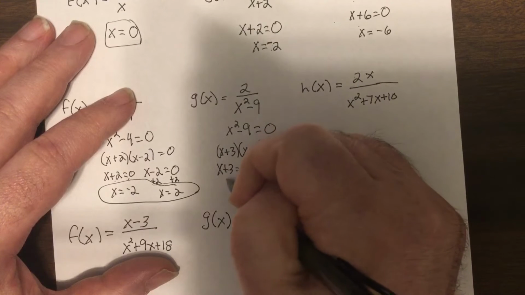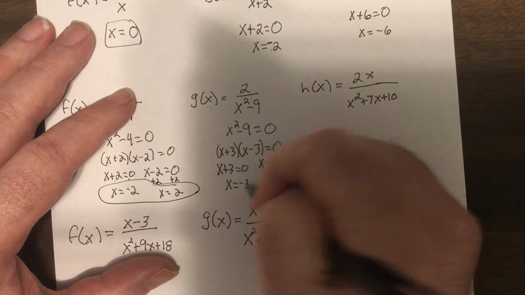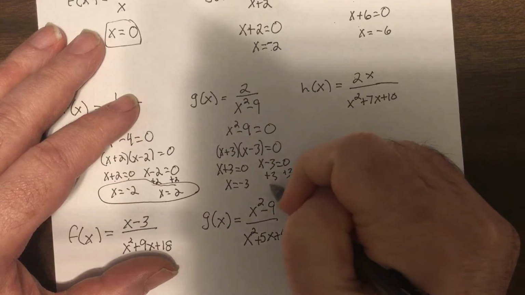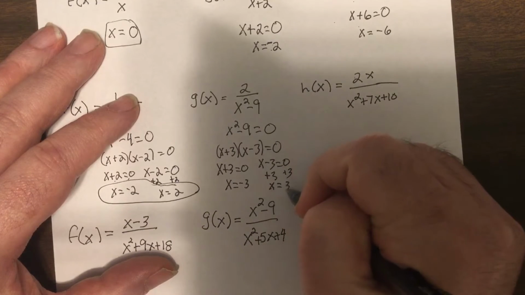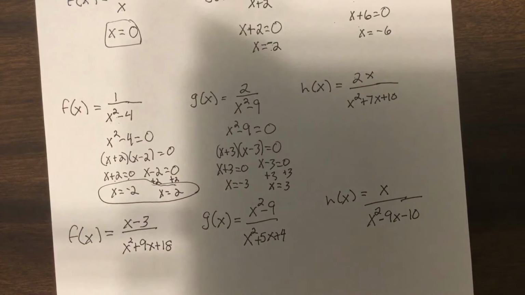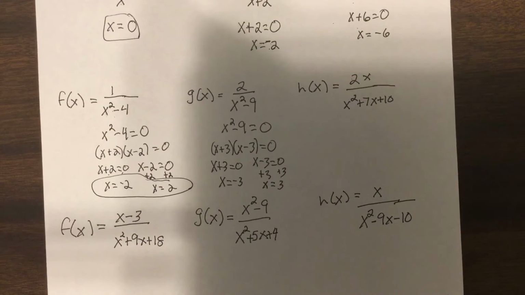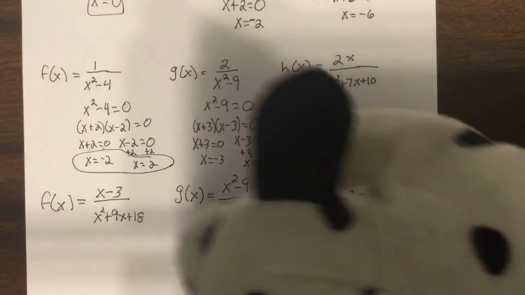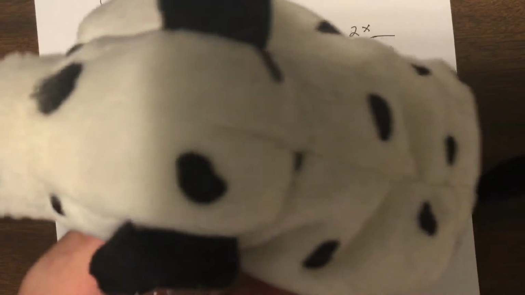So we would subtract 3. Here we would add 3. So the answer is negative 3 or 3. So do you remember your factoring or not? Do you remember your solving or not? Do you remember?